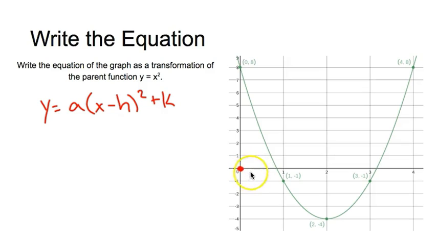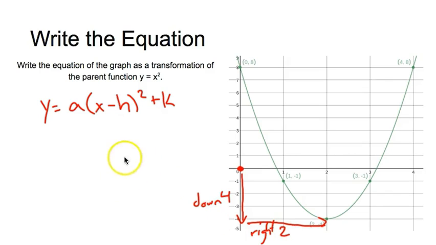We know it would normally start at 0, 0, but if I look at where it's at, it has been shifted now to the right 2 places and down 4 spaces. So let me emphasize here that that is down 4, and right 2.